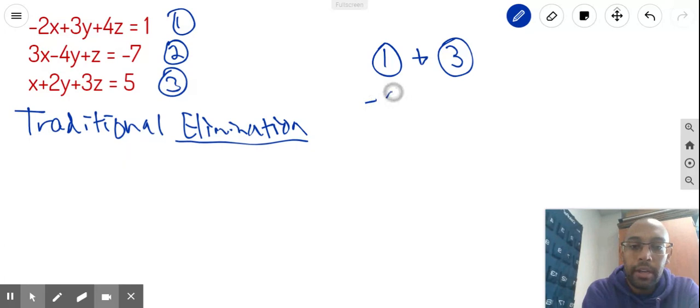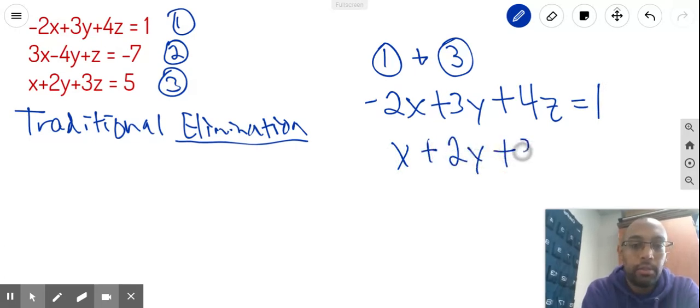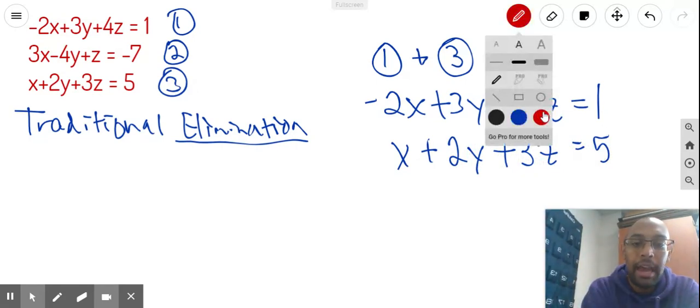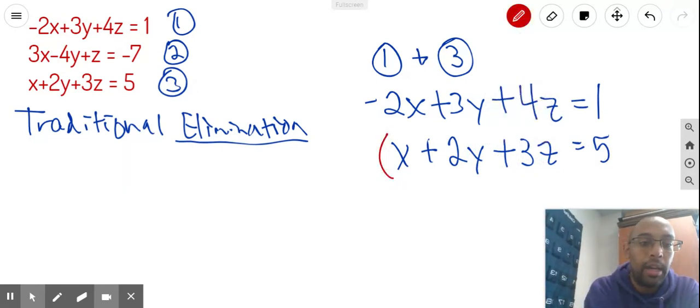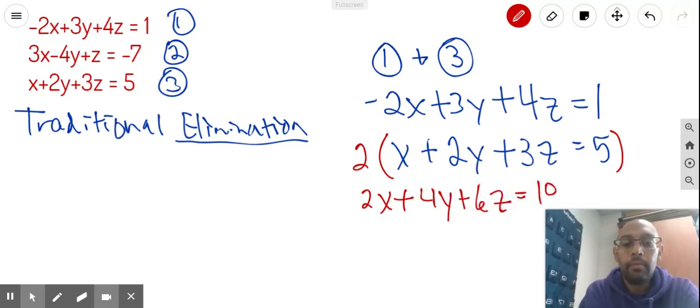Here we have negative 2x plus 3y plus 4z equals 1, and for the second equation, I have x plus 2y plus 3z equals 5. Now I'm going to multiply the second equation by 2, and I rewrite it as 2x plus 4y plus 6z equals 10.